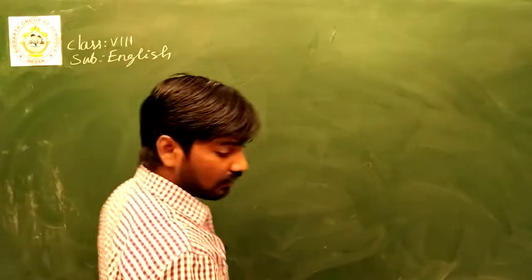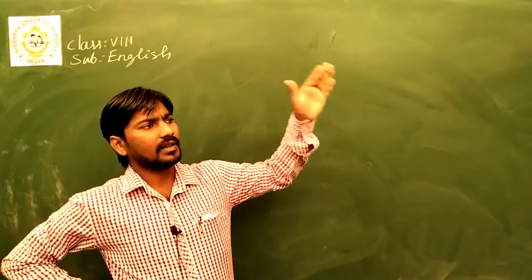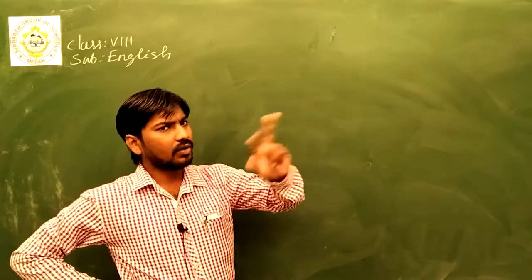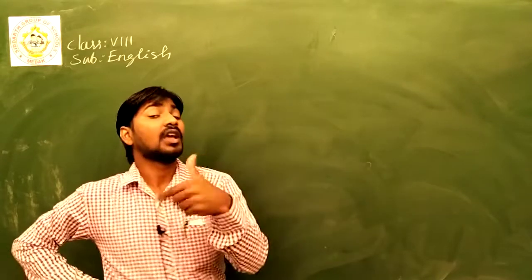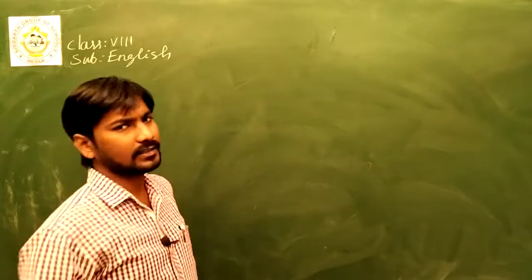Commonly we learn the tenses in the order: present simple, present continuous, present perfect, present perfect continuous. But if I go for present and past together, then you will come to know the difference between present continuous and past continuous easily.